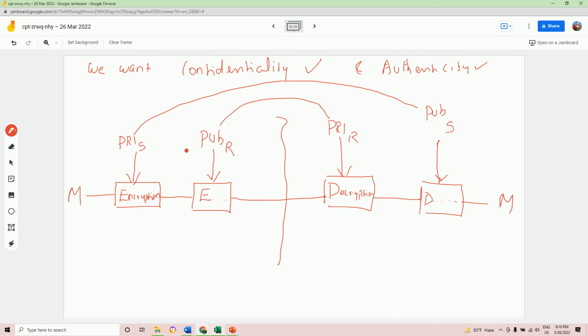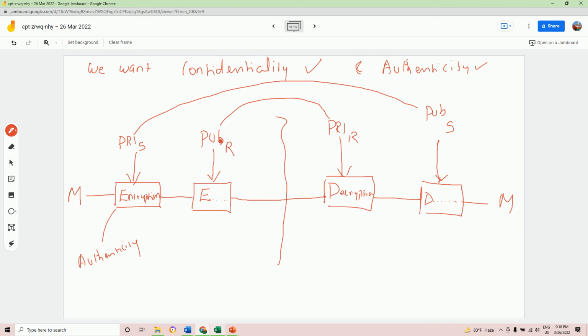So in this scheme, students, since you are using the private key of the sender for encryption and the public key of the sender for the decryption, you have authenticity.